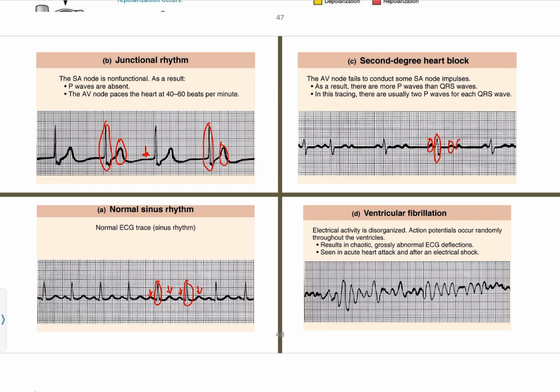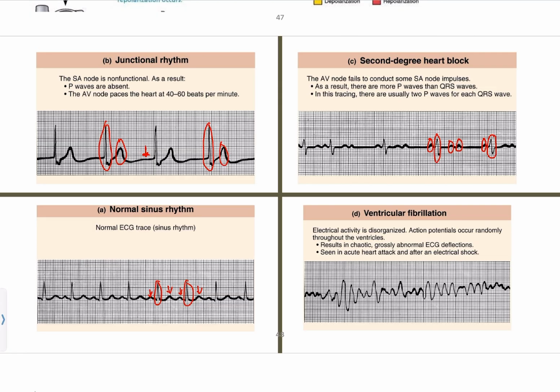But then we see a P wave because our SA node is still sending the impulse to the AV node, but our AV node is not sending the signal to our ventricles. Then we see another P wave from our SA node sending the signal to the AV node, and this time we actually got the signal down to our ventricles. That's why we see ventricular depolarization represented by the QRS complex. So if we see more P waves than QRS complexes, then we have second degree heart block as represented here.